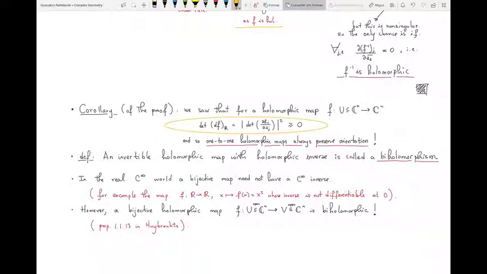Okay, and under our assumptions this was greater than 0 near the origin, but for a general holomorphic map we just get that this is greater or equal than 0. So this proves that in the case when they are greater than 0, one-to-one holomorphic maps must preserve the orientation, because there is no way the determinant of the Jacobian is going to be a negative number. Okay, so that's the key point. So holomorphic maps preserve orientations.